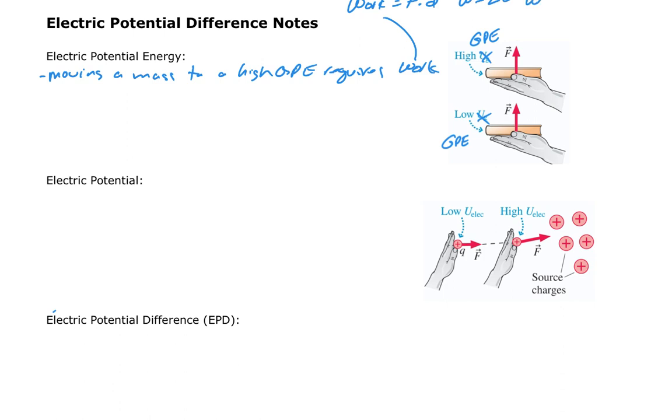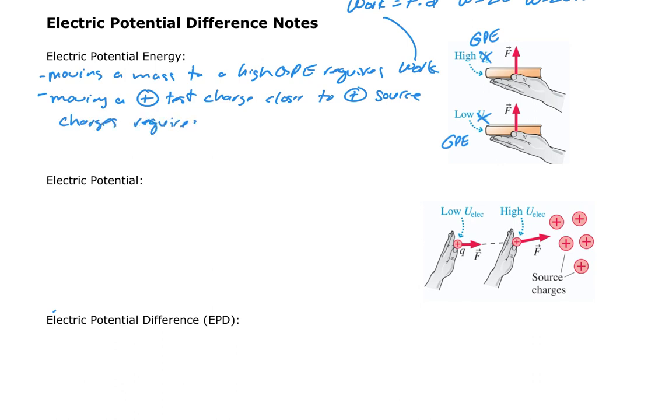And in this case, work is a change in GPE. Similarly, moving a positive test charge closer to positive source charges requires work.